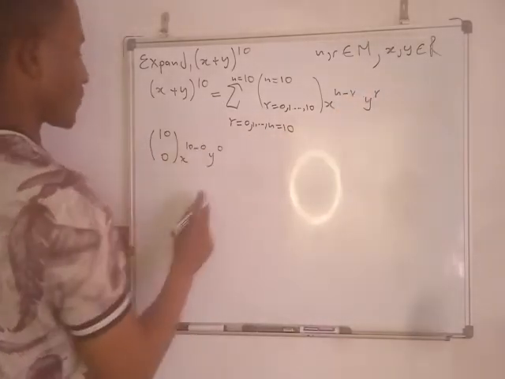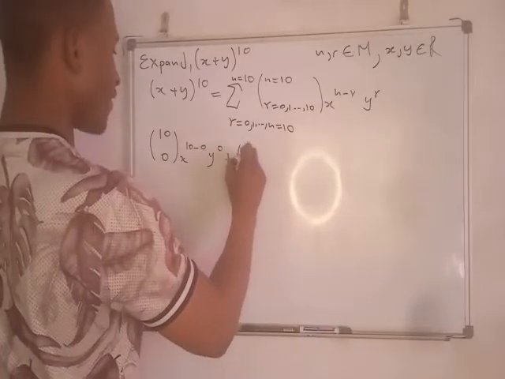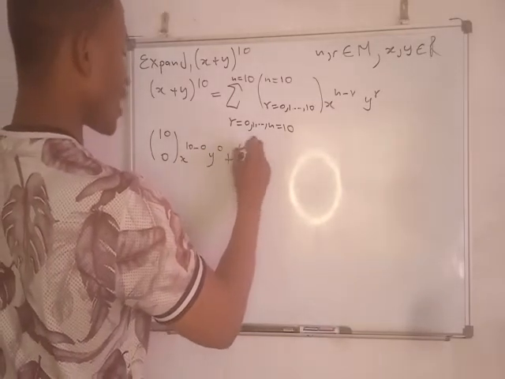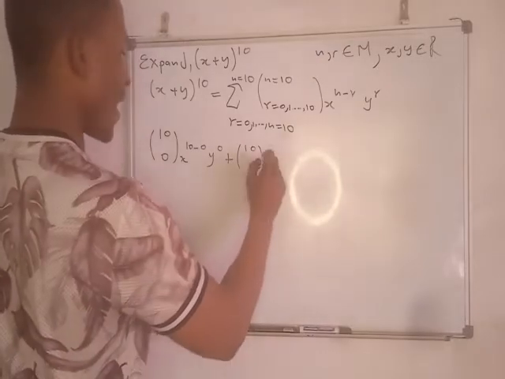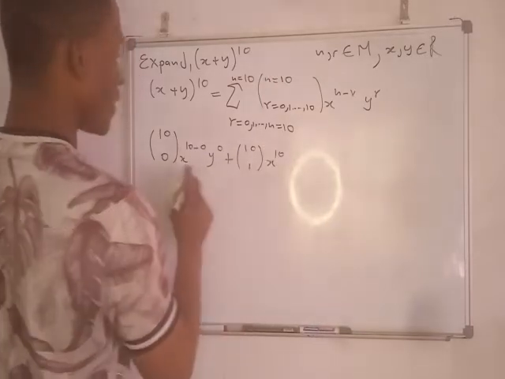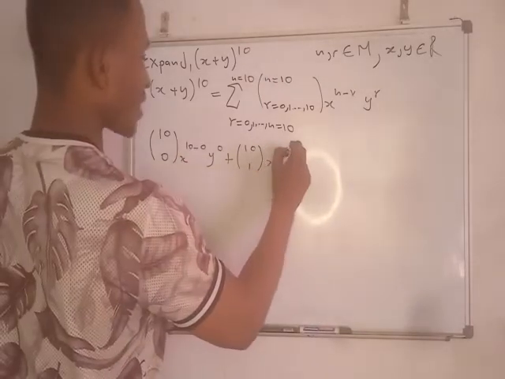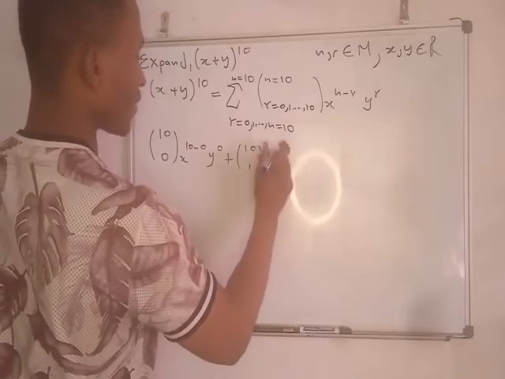My r is 0. Plus 10 combination 1 multiplied by x to the n minus r, and r is 1, so that is 9.